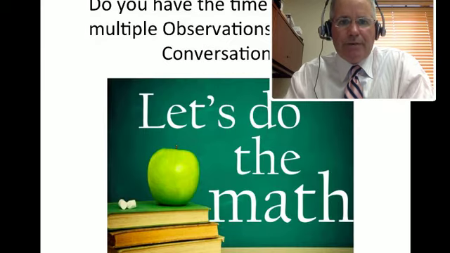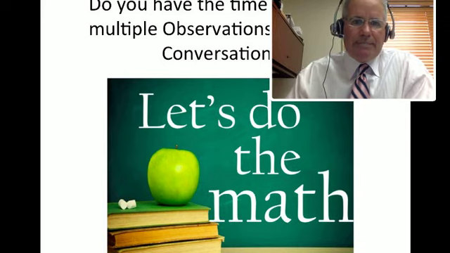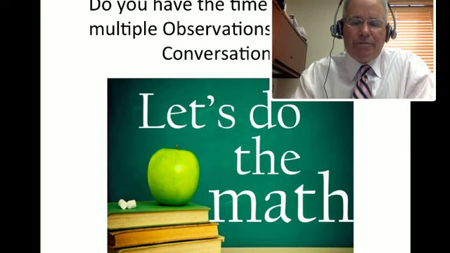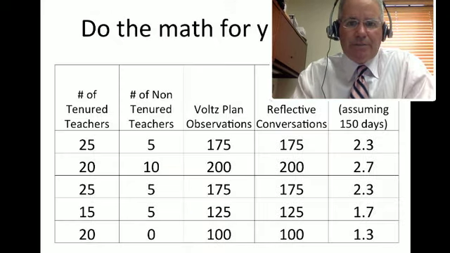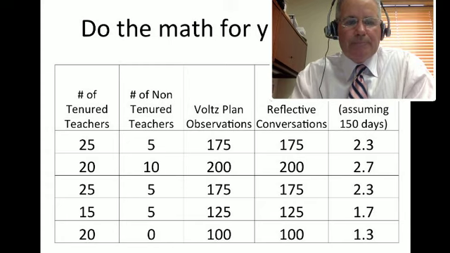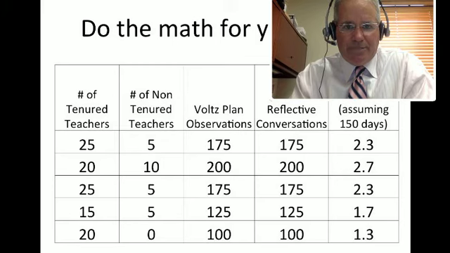Now, many administrators talk about having time to conduct these multiple observations and reflective conversations, and I've talked about this a little earlier, but really you could have the time, as I've mentioned earlier, by some of these urban administrators I've worked with.